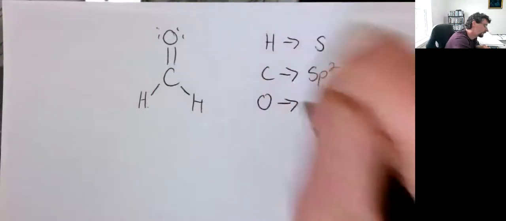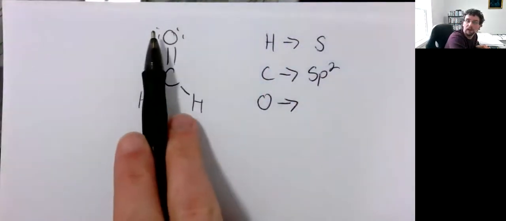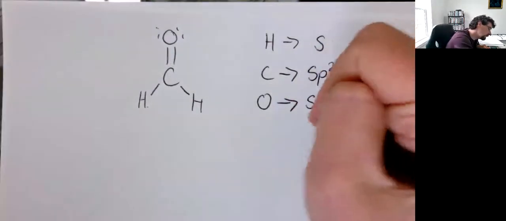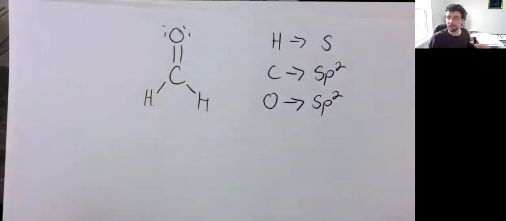The oxygen, remember, lone pairs count. We have 1, 2, 3 effective pairs. So that would be an sp2 hybridized atom. So be sure to look at and count the number of effective pairs. It really is just that simple. Keeping that in mind, you'll be able to gauge what these systems look like by just hearing the words, it's an sp2 hybridized or an sp hybridized carbon.